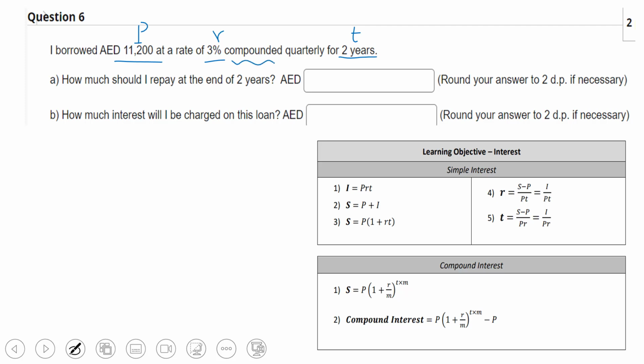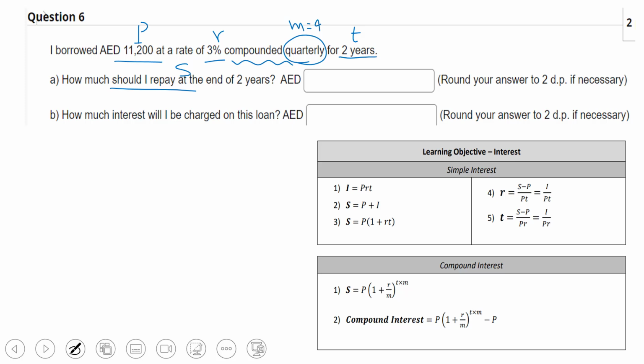I have compound interest here. Quarterly, it means M equal 4. How many times he will get every year? Meaning 4 times, so M is 4, right? Okay, that's good. Now, which formula you are going to use? How much should I repay? This is S. This is the accumulated amount.